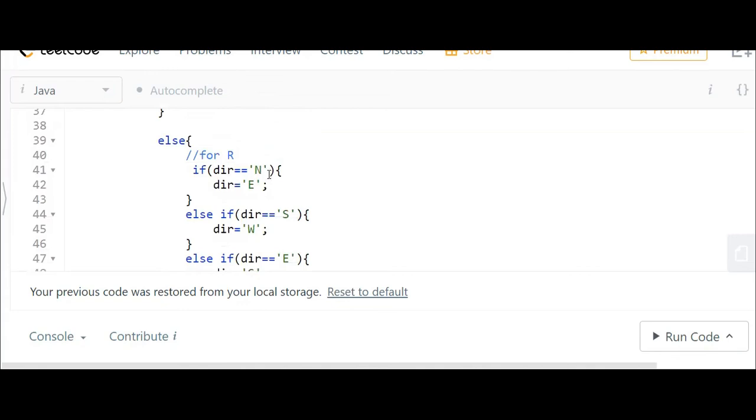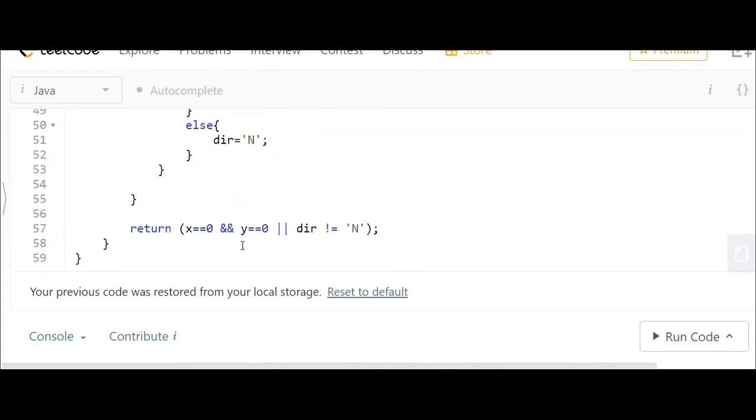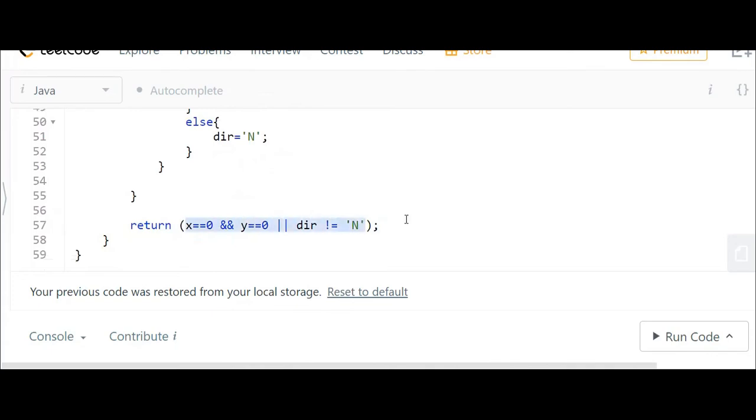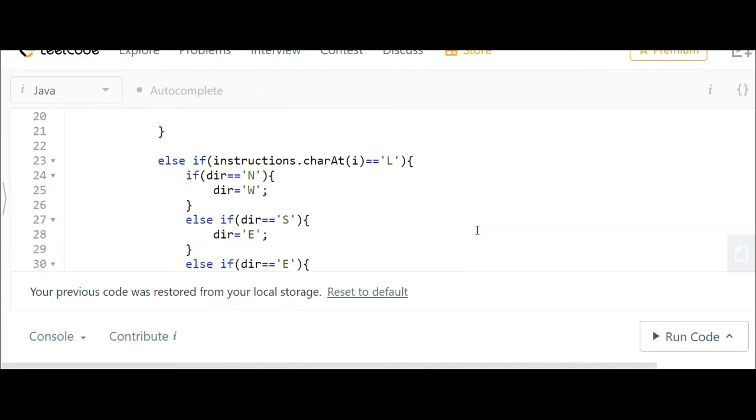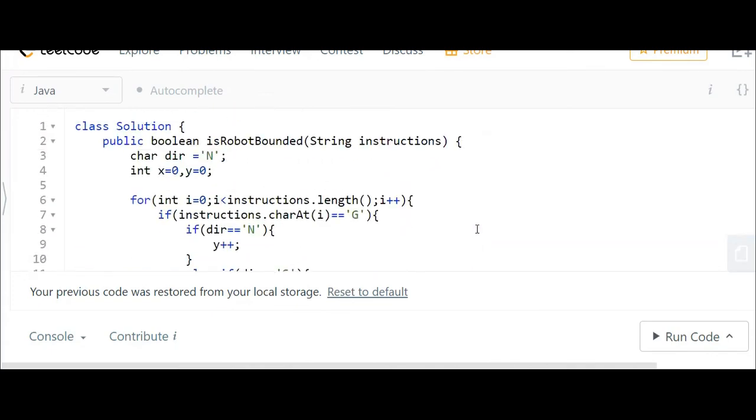If this is north, imagine you are facing towards north and the right instruction is given to you, obviously you will turn towards east, right? So I have done the same thing one by one, and next I have written the final condition that I told you about. So this is all about the code. I hope you understand the code and the problem totally. So thank you.